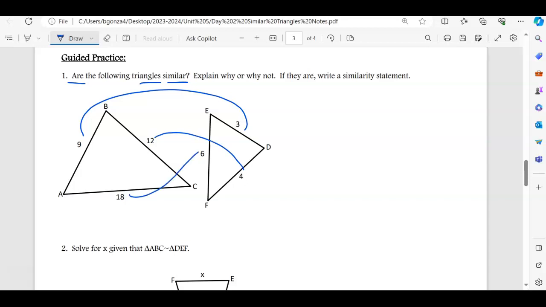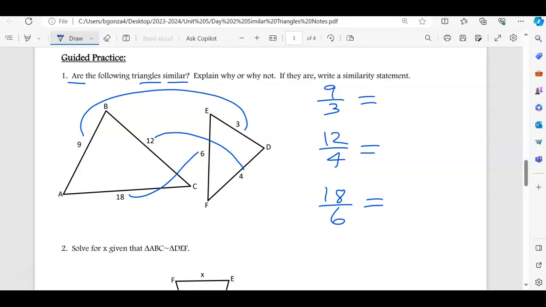All three of those connections, let's write all those fractions out. 9 to 3 is 9 over 3. 12 to 4, 12 over 4. 18 to 6. Now here's what I need to know. Do they give me the same number? What is 9 over 3? 9 divided by 3. 3.